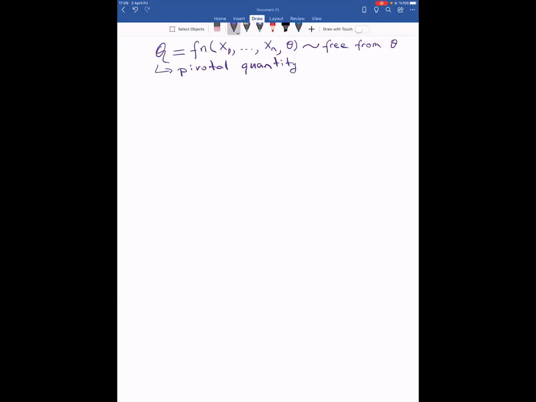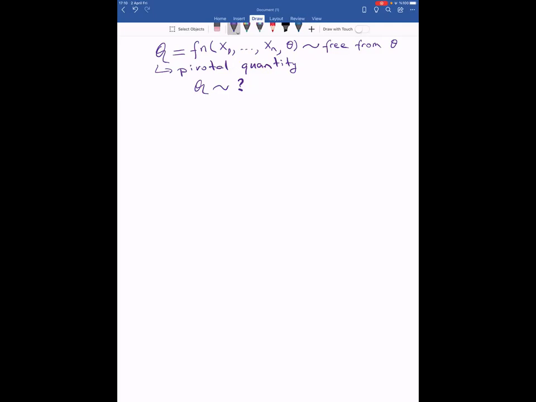So how can we do that? We need to find the distribution of Q. So what is the distribution of Q? We need to find that. And after finding that, basically, we can find some upper and lower bounds with some probability.